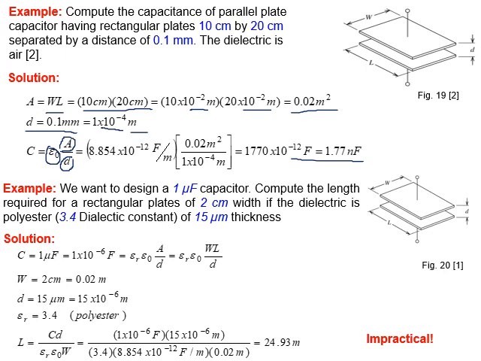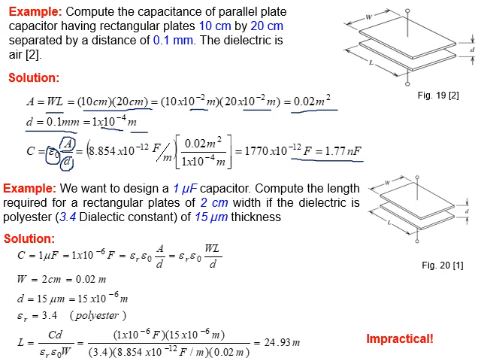Another example to close this part: we want to design a 1 microfarad capacitor. Compute the length required for the rectangular plates, 2 centimeter width, if the dielectric is polyester, 3.4 dielectric constant, and 15 micrometer thickness.